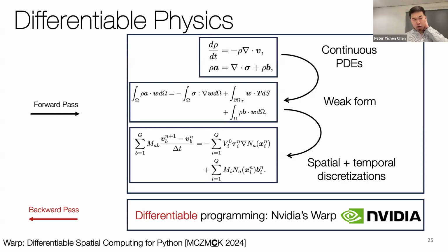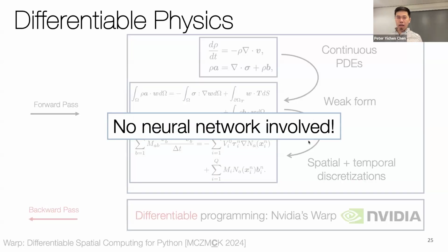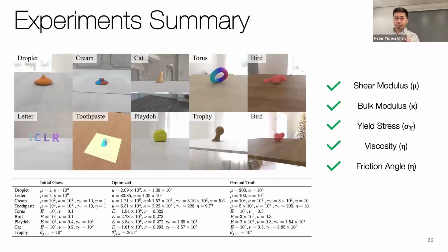We had a SIGGRAPH course on differentiable spatial computing for Python using Warp. We've also tried different things, Taichi, PyTorch, JAX. Warp is the nicest in terms of performance, as well as how easy it is to actually solve these problems while giving you low level control. So again, there's no neural network involved here. This is just implementing everything in a differentiable programming context.